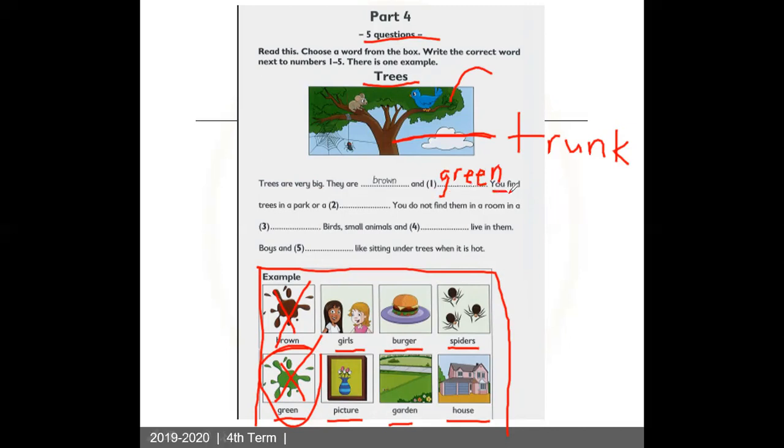Let's move on. You find trees in a park or a... Where do you find trees? In a park, yeah? And where else? Can you find them in a house, inside your house? Or can you find them where? Yeah, it's here. It's very obvious. So there is a word garden.